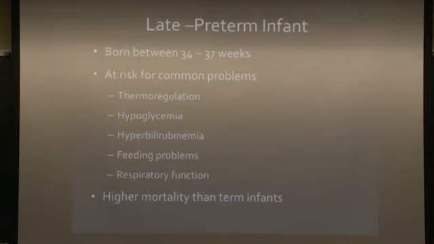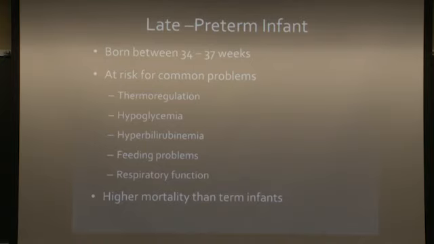Late preterm infant is defined as born between 34 to 37 weeks. These are at risk for problems with thermoregulation, hypoglycemia, hyperbilirubinemia, and respiratory infection.